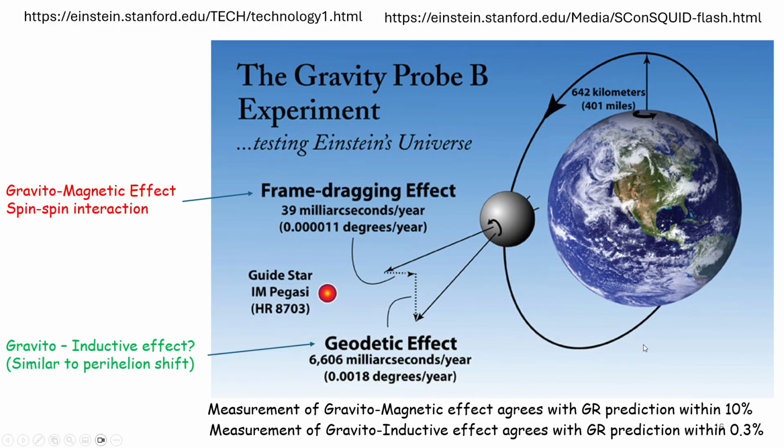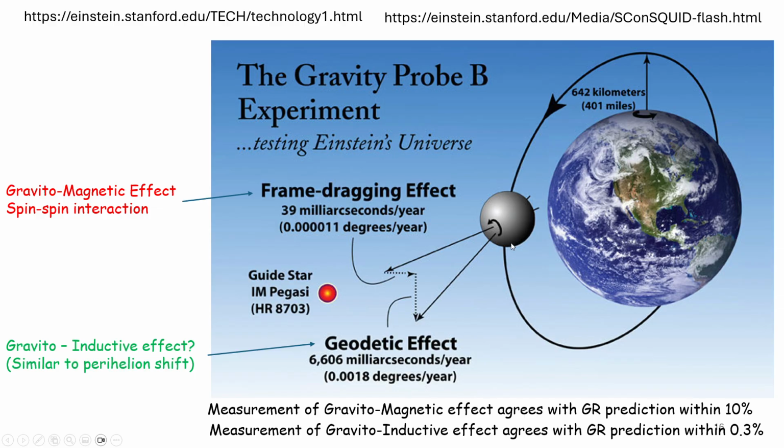However, what is more remarkable is the complementary effect, which they call the geodetic effect. That we have not discussed here, and I have not worked it out fully. I have just done it qualitatively and found that in our perspective, this should be referred to as the gravito-inductive effect, and it's very similar to the perihelion shift. The reason is that this spinning sphere on the opposite sides will orbit with different speeds.